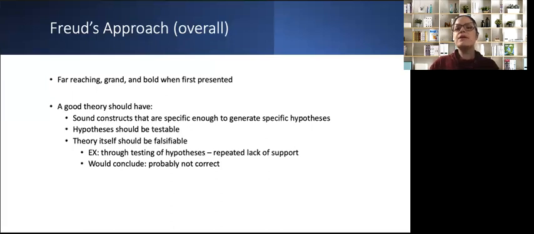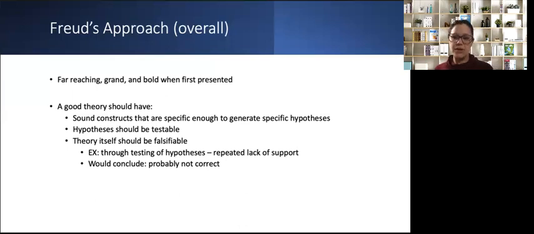So when considering whether a theory is a good one or not, we need to ask if there are sound constructs. Meaning, are the constructs specific enough to generate specific hypotheses? Is the hypothesis testable? Any good theory should be testable and falsifiable. We talked about this in the very first week when we talked about research methods in psychology, right? But Freud's theories consist completely of hypothetical constructs.